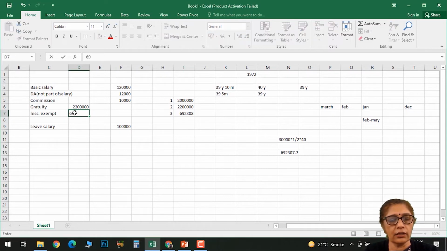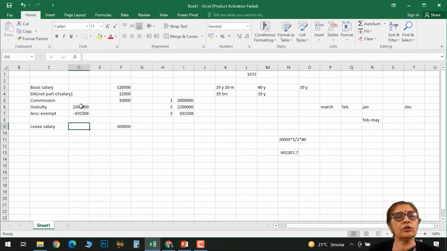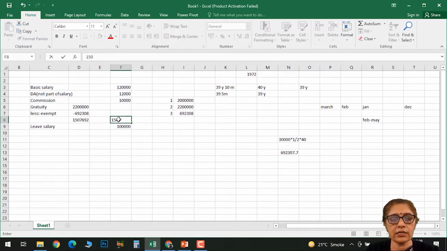So we have here 6,92,308, this being the amount of gratuity exempt if you are covered by Payment of Gratuity Act. And if you are not covered by Payment of Gratuity Act, then we would have taken 30,000 into half into 40. So the taxable part of gratuity now would be 15,07,692. We write here 15,07,692.